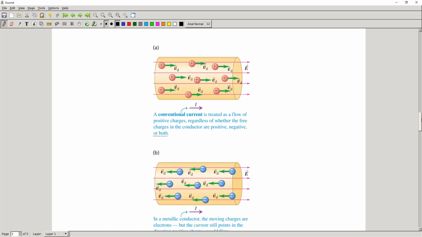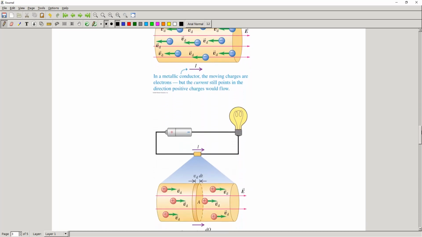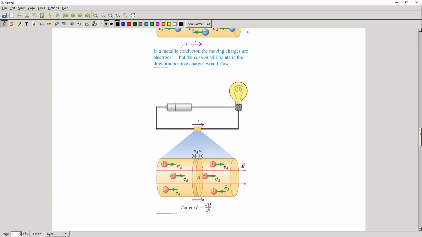We can see that that's what's happening here, and we have another example of our current. This is just a blown up section of the wire. We have a battery here, positive terminal here, negative terminal here.